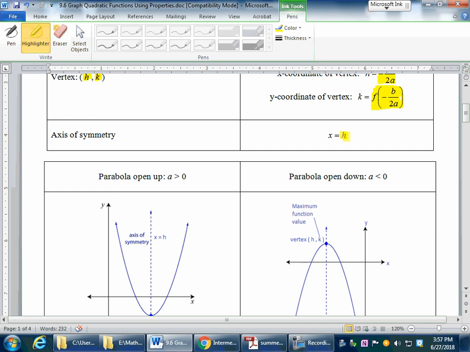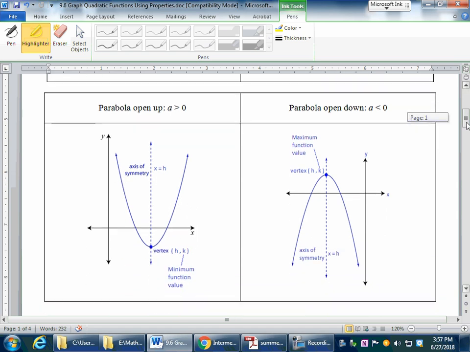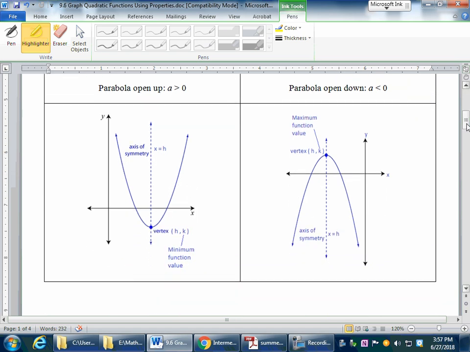And the parabola can open upward or downward depending on your leading coefficient, your a value. If a is greater than 0, the parabola opens upward. If a is less than 0, the parabola opens downward.